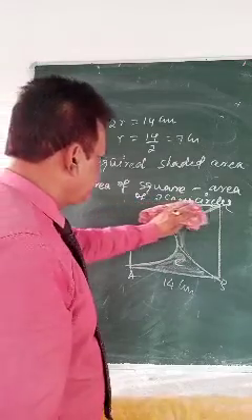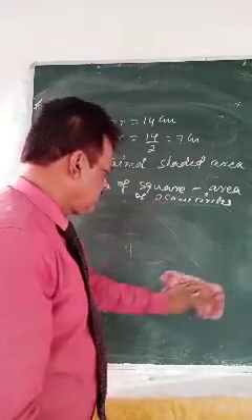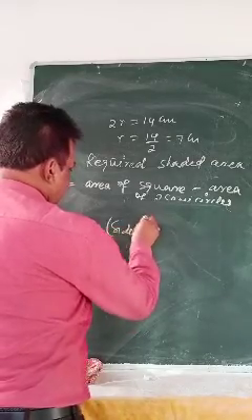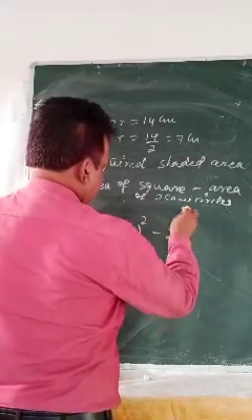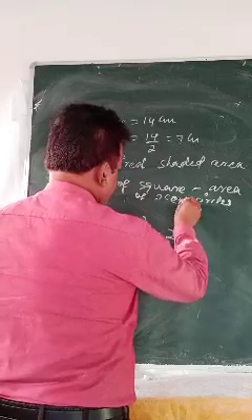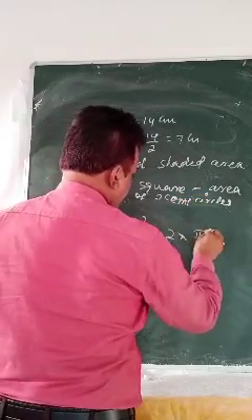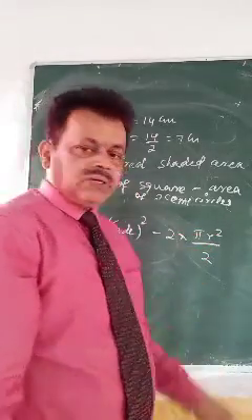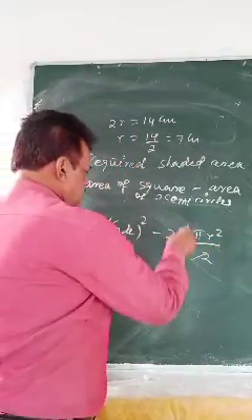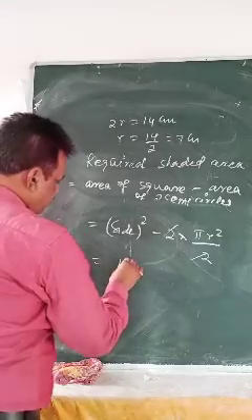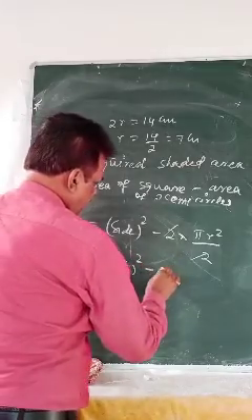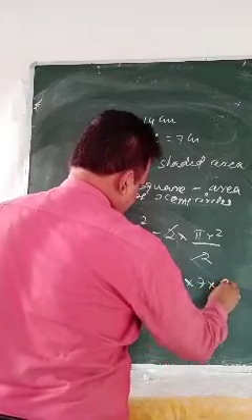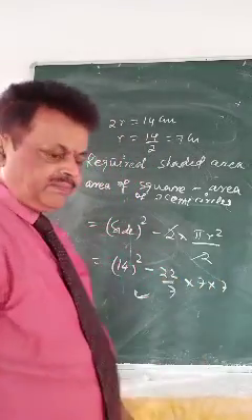Side square, minus 2 semicircles. One semicircle is pi r square by 2. We have 2, so you can cancel here. This is 14 square minus 22 by 7 into 7 into 7. Calculation you try to complete.